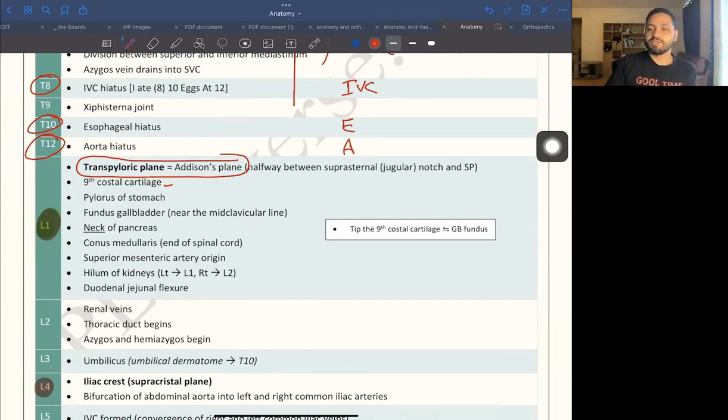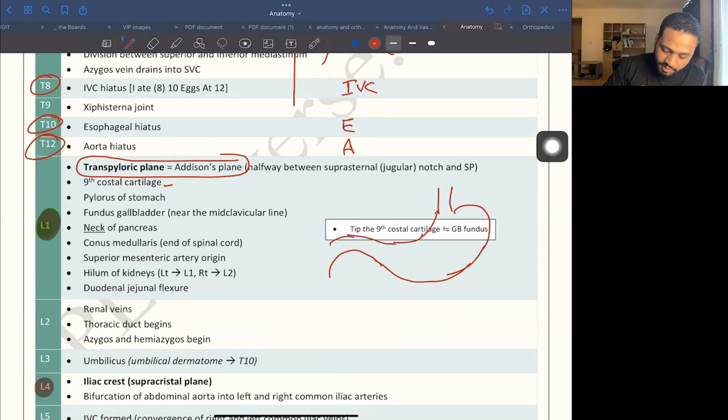You have the superior mesenteric artery arising at the lower level of L1, the upper level of L2. Okay, you have the hilum of the kidney, and you have the duodenal flexure. So the way I would do it, you have here the stomach. So the fundus of the stomach is at this level, and then it goes all the way down, coming this way.